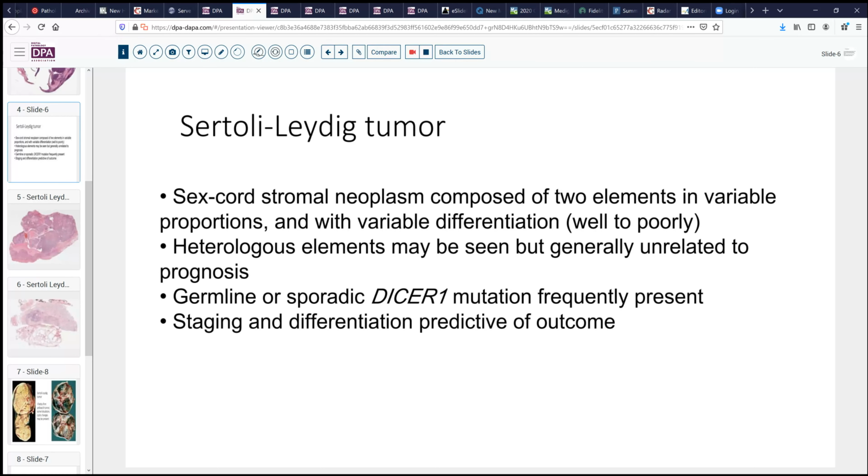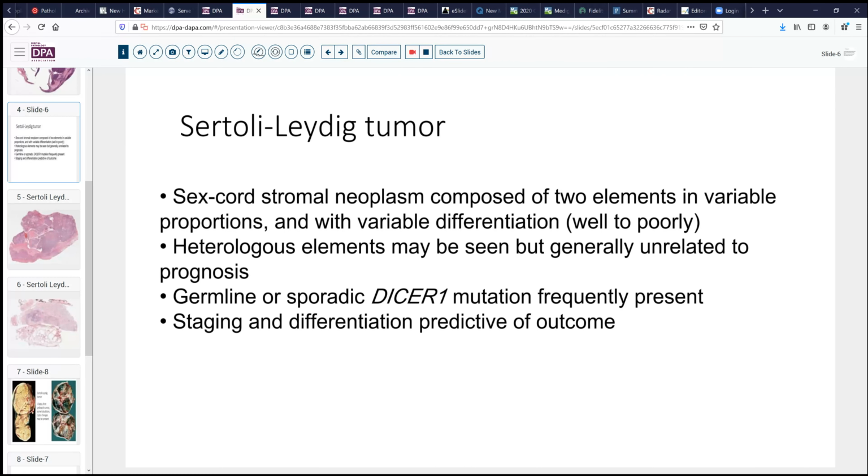To make things more interesting in these tumors, and certainly provide fodder for numerous publications over the years, heterologous elements may be seen. And those heterologous elements can include muscle elements. They can include mucinous elements, so epithelial teratoma-like elements, or stromal elements, even cartilage and occasionally bone.